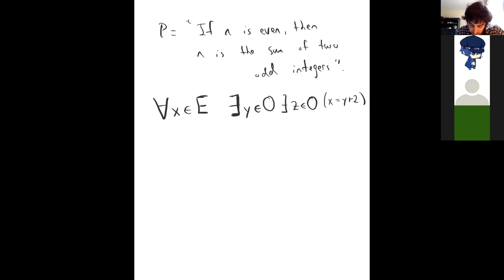Okay, now to prove it, let X be in E. That means that it's even. I'm just going to go quick because we're out of time. What does it mean to be even? It's equal to 2 times something, for some integer. So what are 2 odd integers that add to 2n?